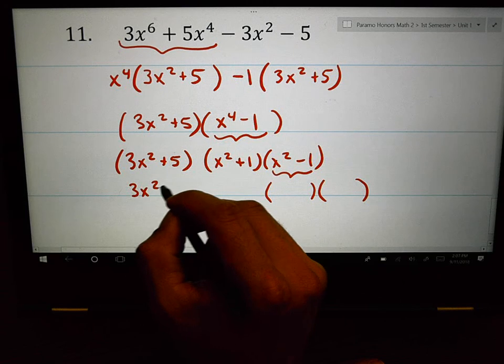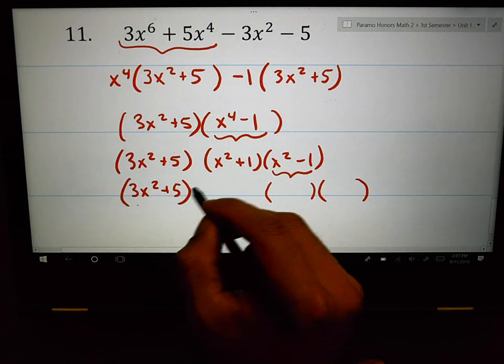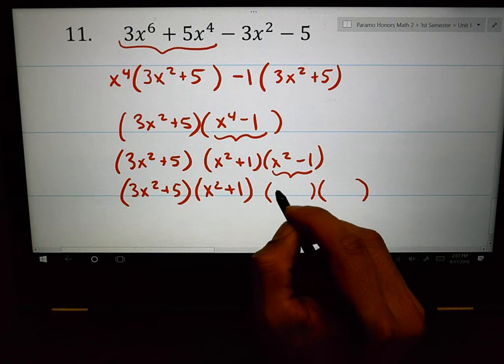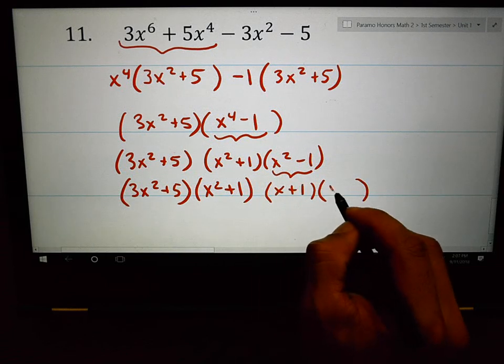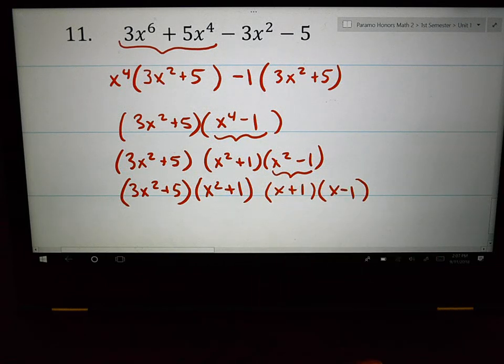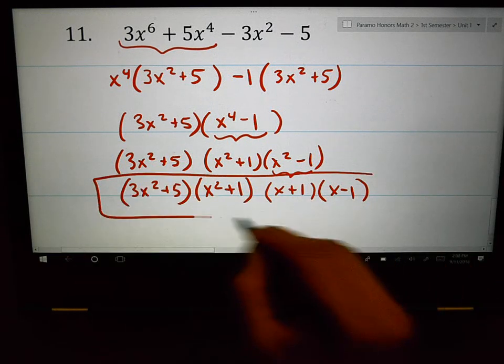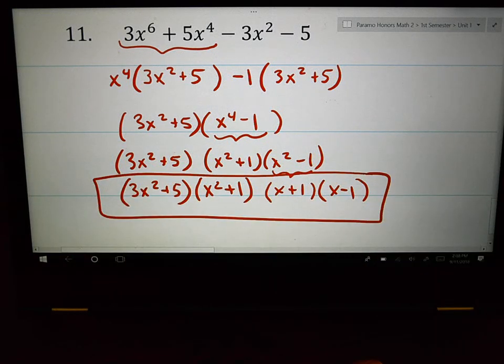Everything else stays the same. Does anything else factor? This is your final answer for number 11. We're going to stop your notes right there.